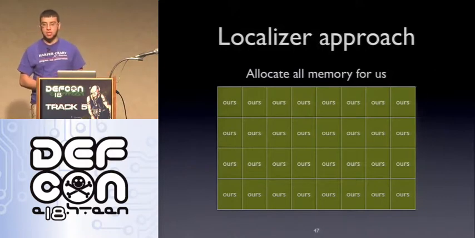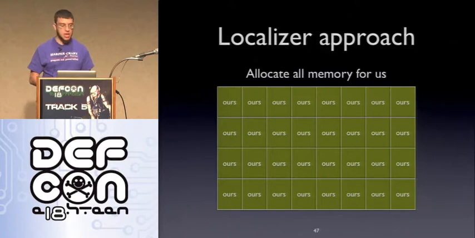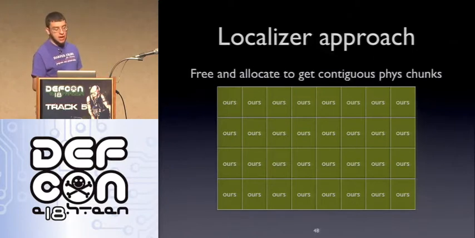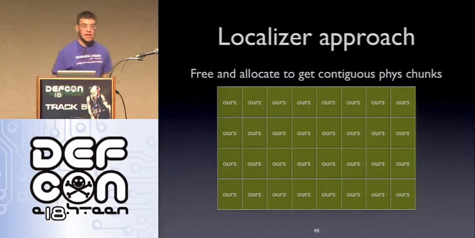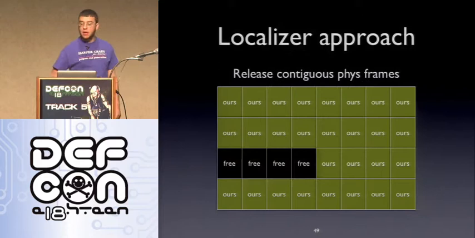It's a lightly used machine that nobody's really paying attention to if you rootkit it, so there's not a whole lot of other stuff using memory. Everything gets paged out, and we do our little free and allocate dance to make it all contiguous. You couldn't really see a change there, but now the frame allocator has those all lined up such that if we free 4 in a row, then we get 4 physical free frames in a row.